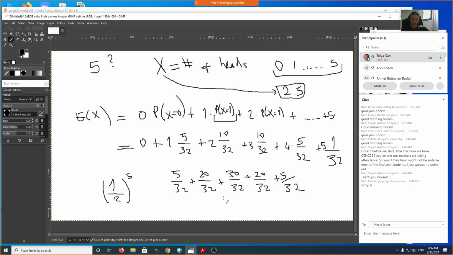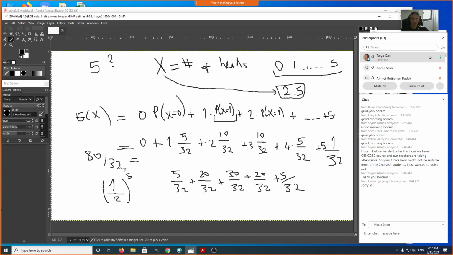If you add all these up, let's see, 40, 70, and 80. 80 over 32. What is it? It should be 2.5, right?